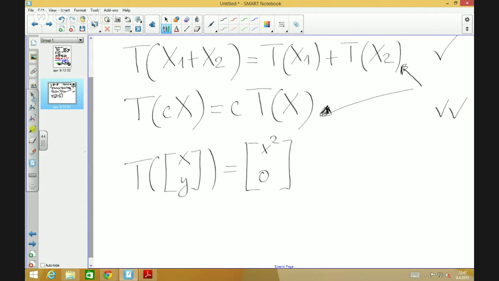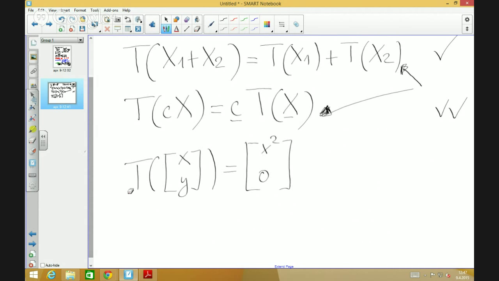So to argue that it fails these properties, or one of them, it's sufficient to find an example. Can you give me an example, for instance, that shows that for some values of c and some values of x, T of c times x is not c times T of x?